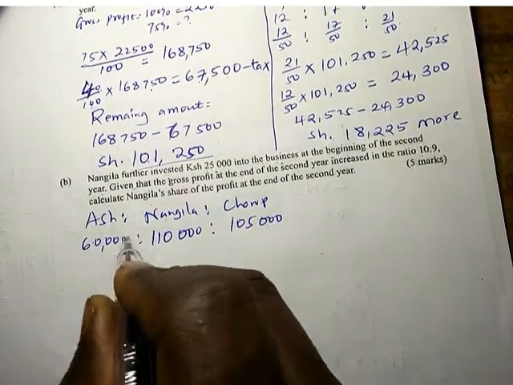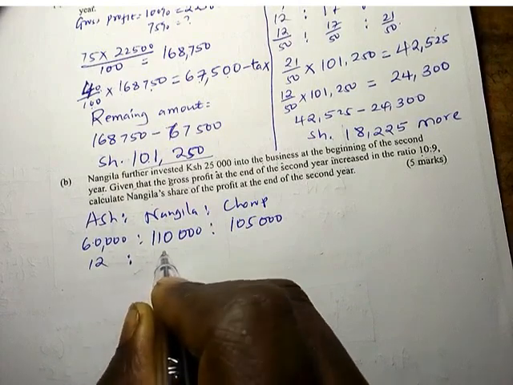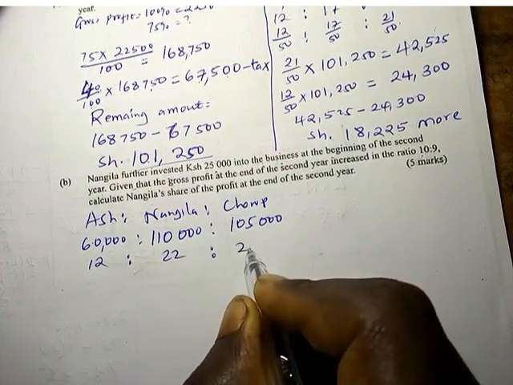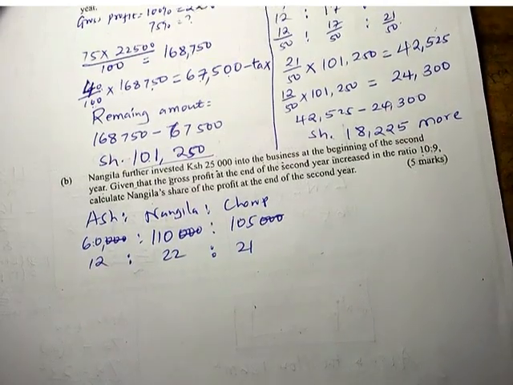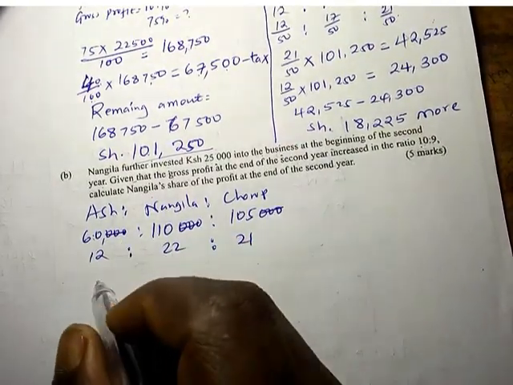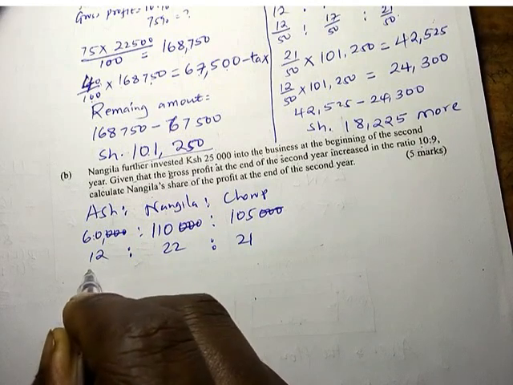So the new ratio will be 12:22:21 when you remove these zeros and then divide by 5. So this is the new ratio, which will be a total of 55.